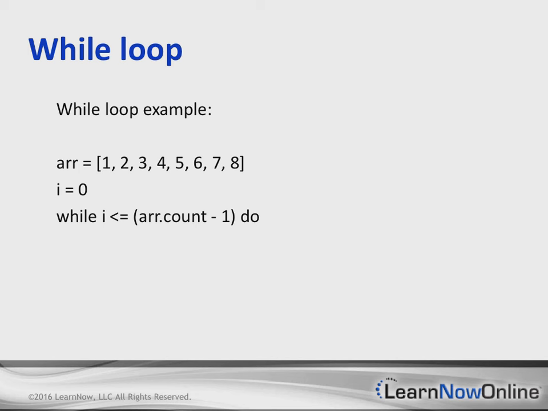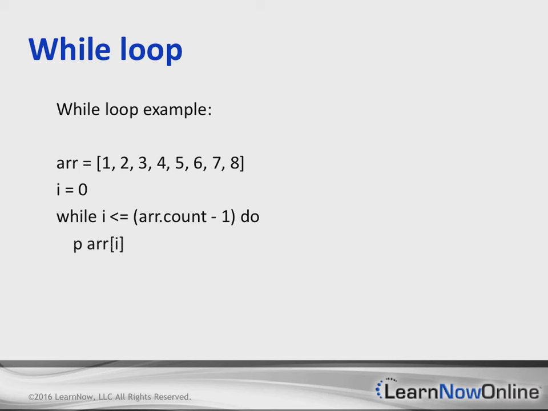So the while loop is going to look at i, and it says while i is less than or equal to, and I set it in this case to the array count minus 1. And the reason I have to do this is because if you remember, arrays do have a 0 index, so I need to do minus 1 in order to get what the actual count is. So until it reaches that point, then do this.